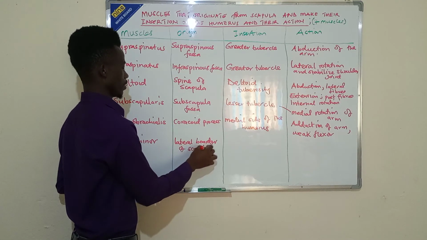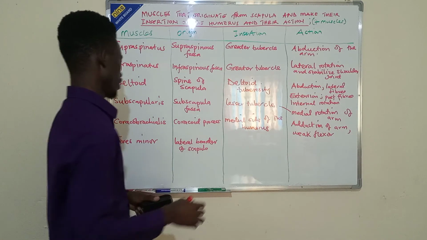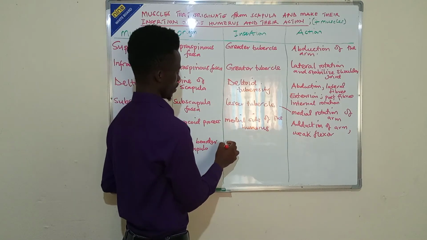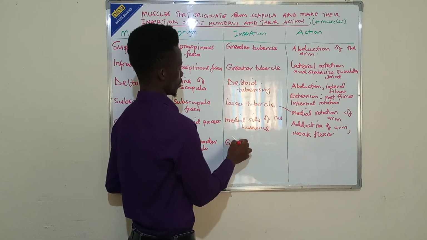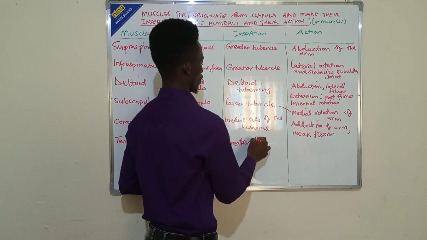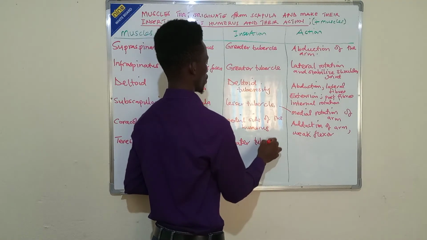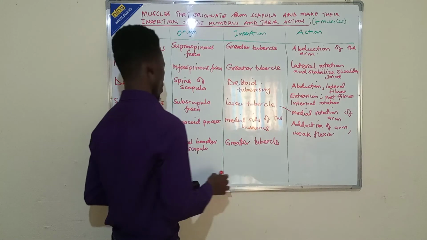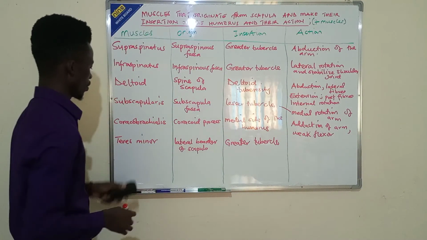And where does it insert? Teres minor inserts in the greater tubercle, that is below the point of insertion of the infraspinatus. So greater tubercle, we have teres minor. And what's the action of this?